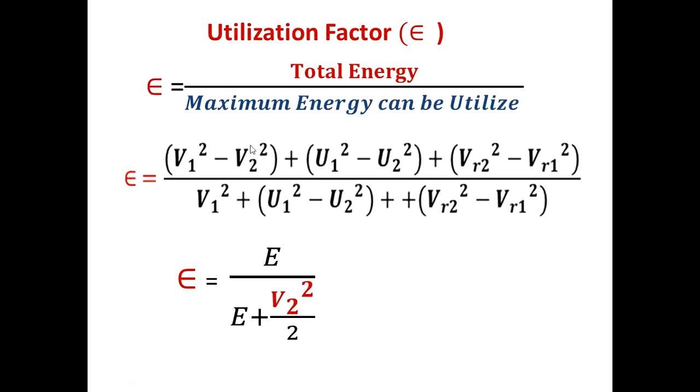If V2 is very small, then the maximum utilization factor will be there. Except this one, nothing can be changed. V2 should be very small. Keep in mind, please observe here. When the denominator becomes smaller, this term becomes larger, and as this term is constant, your value increases. Therefore V2 is very small.